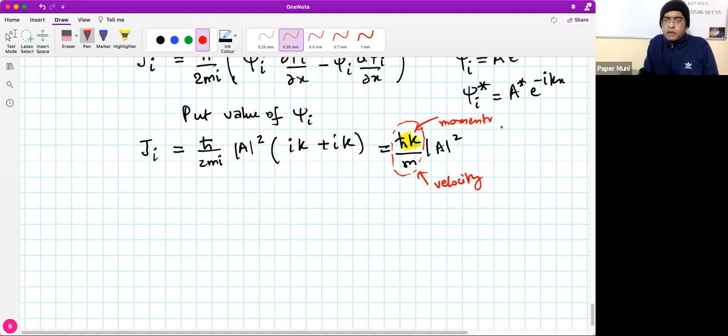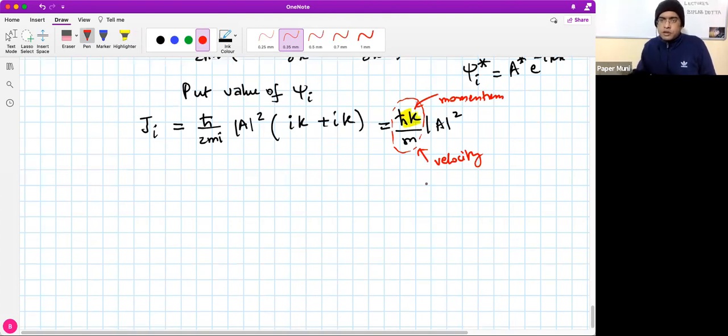Now momentum by mass gives you the velocity, and whenever you try to calculate a flux, even in thermostats, or any situation where you try to calculate the flux passing through a cross section per unit area, you have a similar looking equation.